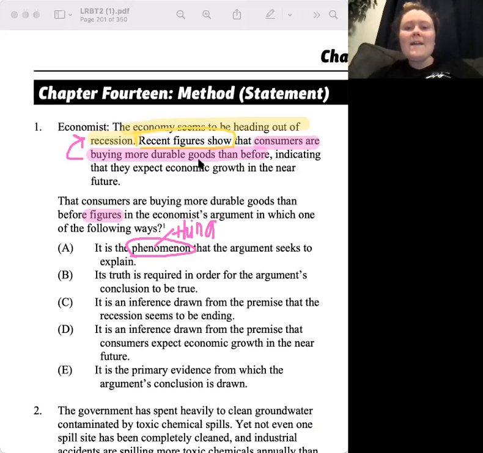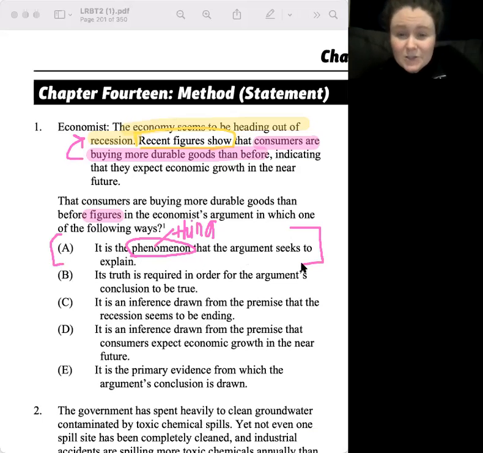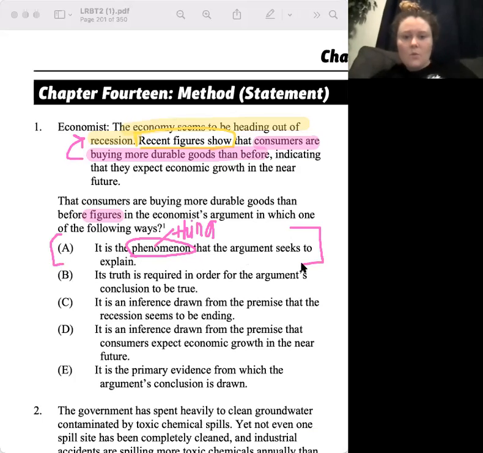No. If A were the right answer, what part of the argument is this answer choice referring to? The premise? No, it is the thing that the argument seeks to explain. For our actual question, we have a premise. If it is the claim that the argument seeks to explain, that would be the conclusion.